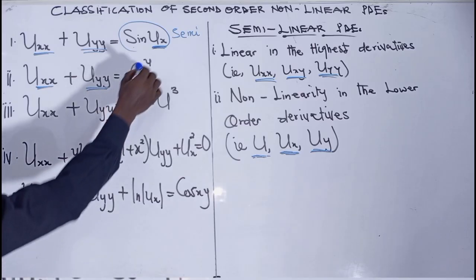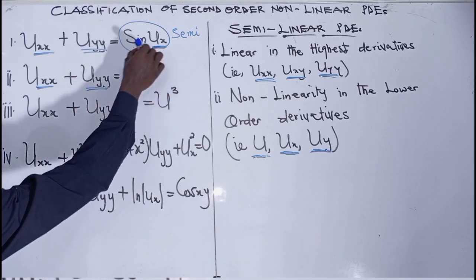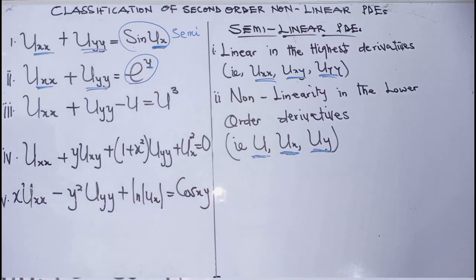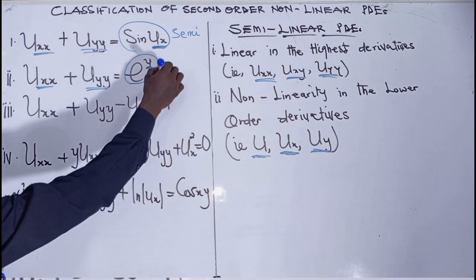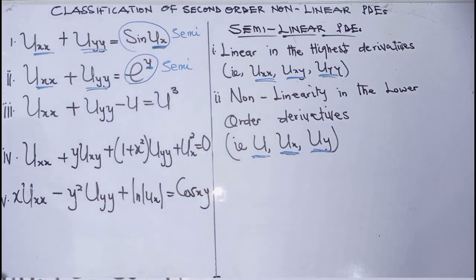You can see that we have u here, and on this u, we have a transcendental function, and this makes the PDE a nonlinear PDE. And the type of nonlinear PDE is what? A semi-linear PDE, because the non-linearity is on the u. So this becomes what? A semi-linear. As easy as A, B, C, D.